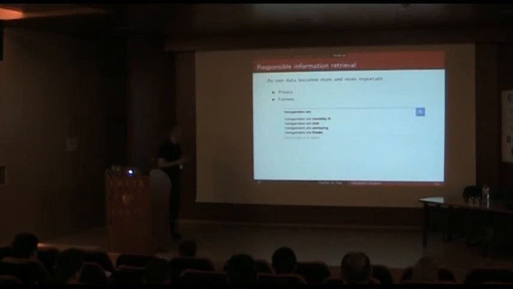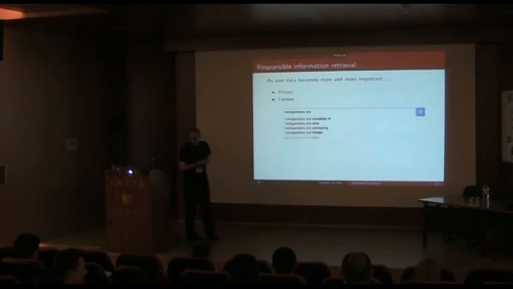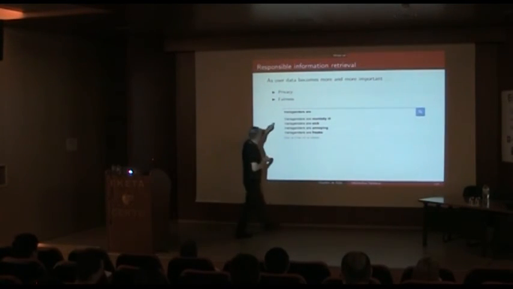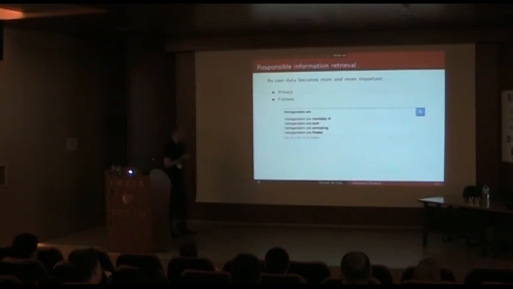Here's a screen dump from a query auto-completion facility taken this morning, well, actually during the break. This was my query, and these are the completions. What should you do about this?